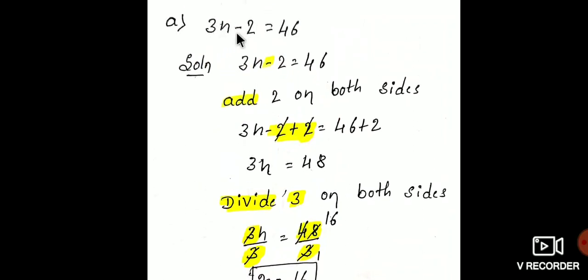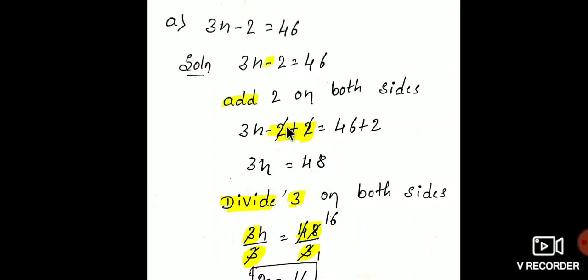minus 2 will be there. So first we have to separate this minus 2. To cancel the minus 2 we have to add plus 2, that is, add 2 on both sides. 3n minus 2, here added plus 2, RHS side also we have added plus 2.